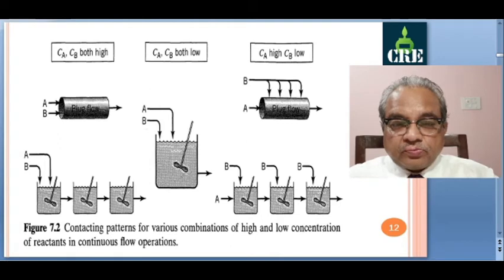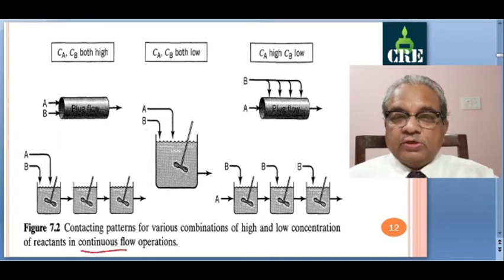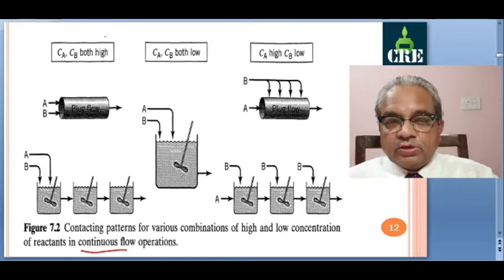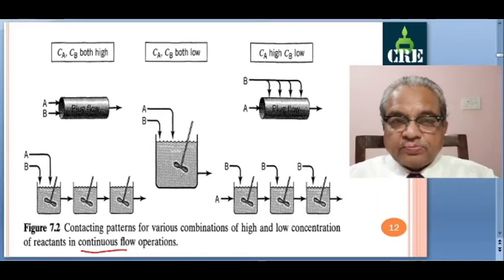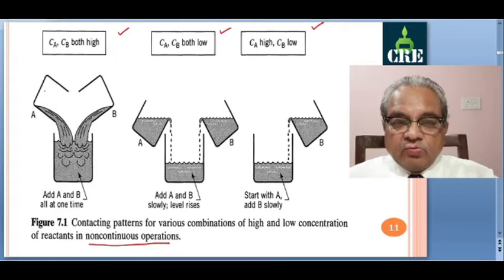Now here, contacting patterns for continuous flow operations. Either mixed flow condition or plug flow condition. In a batch reactor, for Ca and Cb both high, we prefer this. Ca and Cb both low, both are to be added slowly.